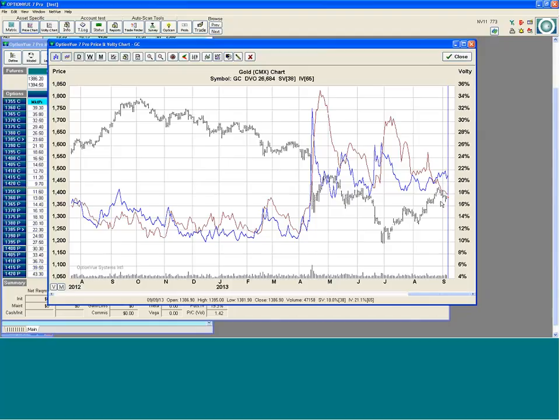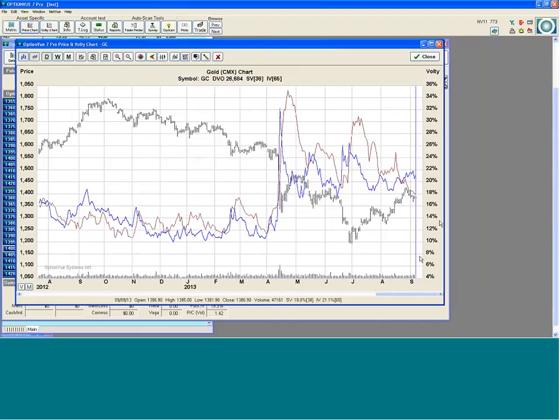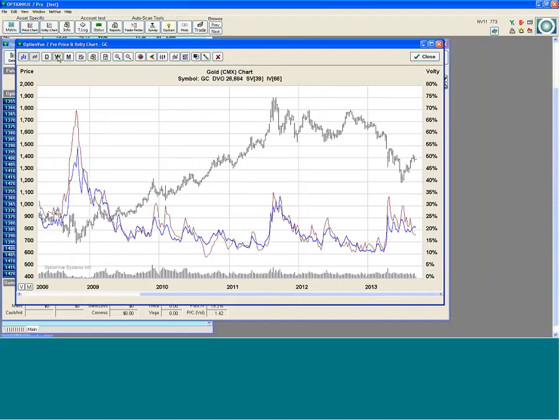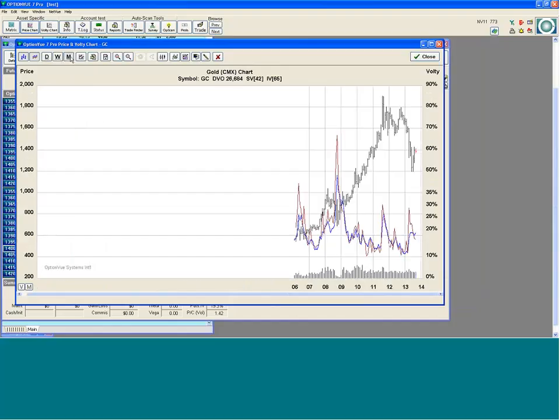Why would I want to benefit from a rise in implied volatility on gold? Because when I look at this chart from OptionVue, I can see a couple of things. This is a daily chart, a bar chart, along with the implied and statistical volatility overlaid on it. And we can also look at weekly bars. We can look at monthly bars.